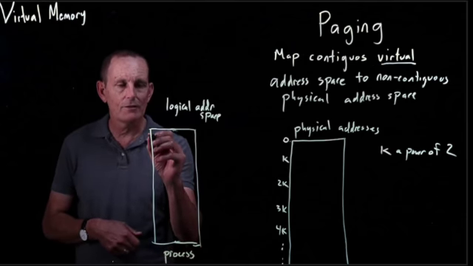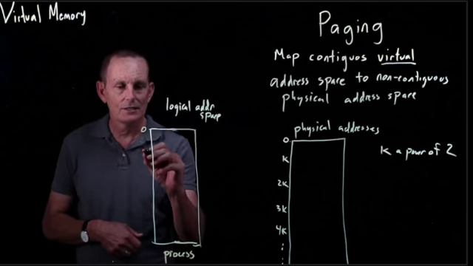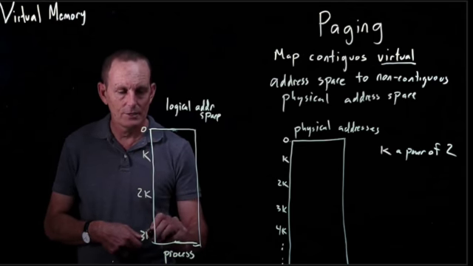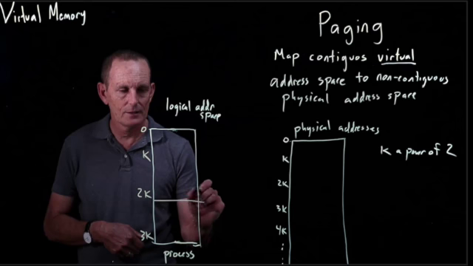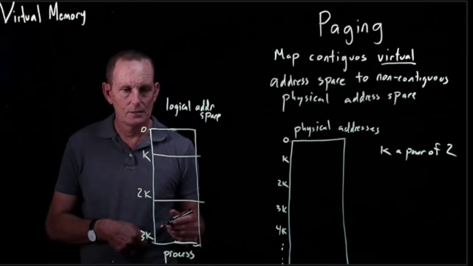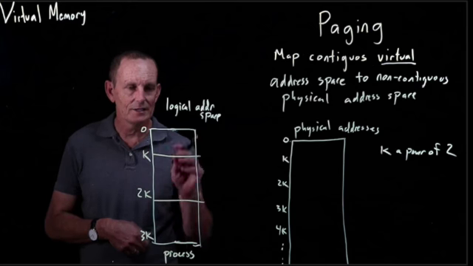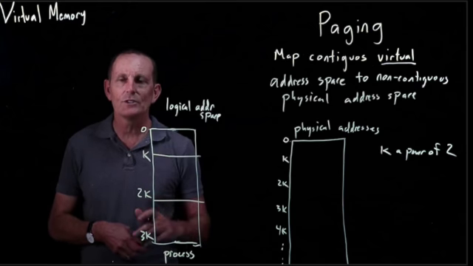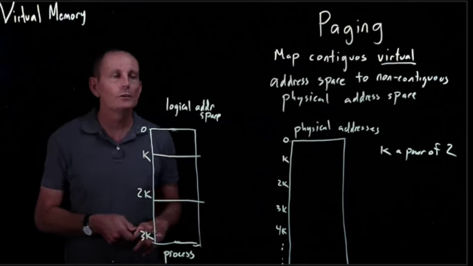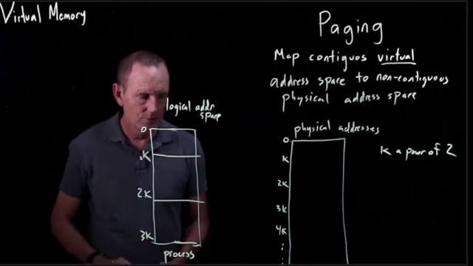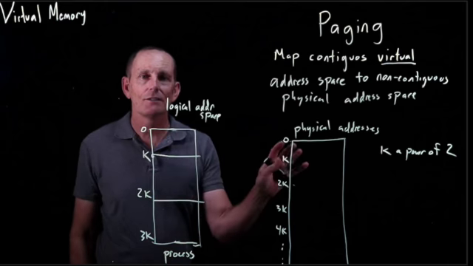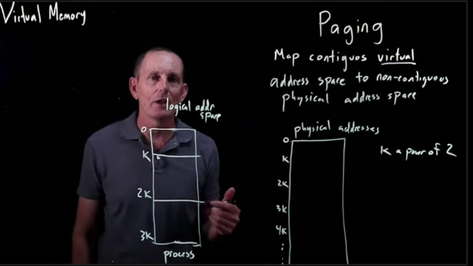Let's say we have a small process, and its address space is from 0 to 3K. These are all supposed to be equal sized, so let's imagine each of these is of size K. And then what we're going to do is map these logical pages into physical pages, aka frames.